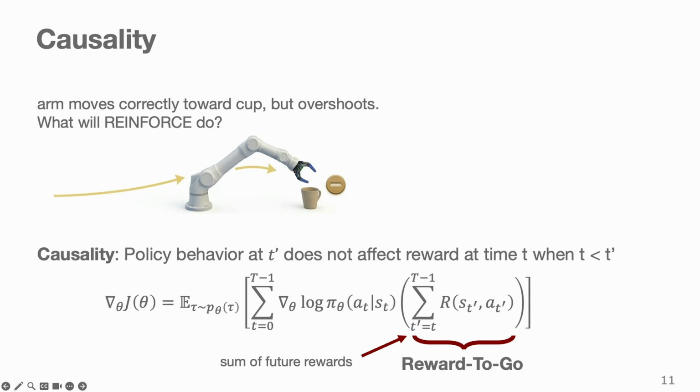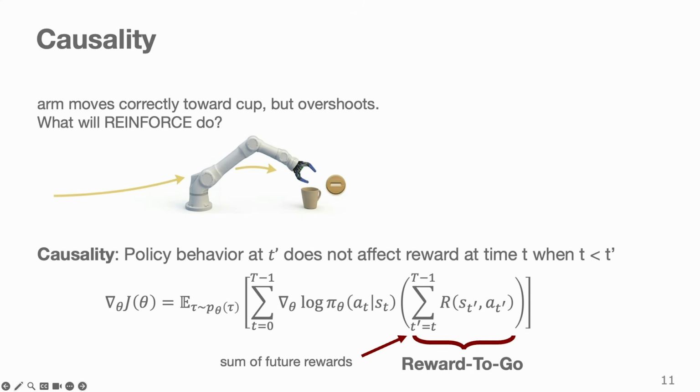This violates the principle of causality, in that in the physical world, an action taken at time step t can only affect rewards that happen at the same time or in the future, but it cannot possibly be responsible for a reward that already happened in the past.